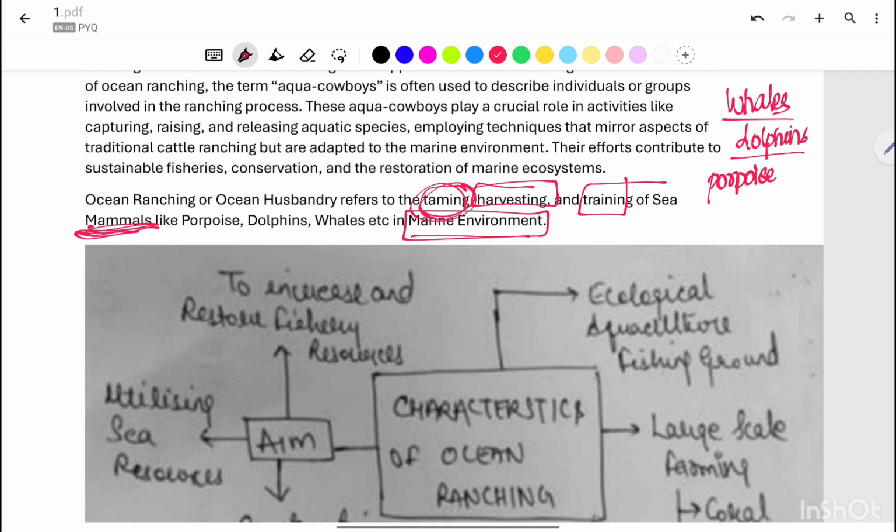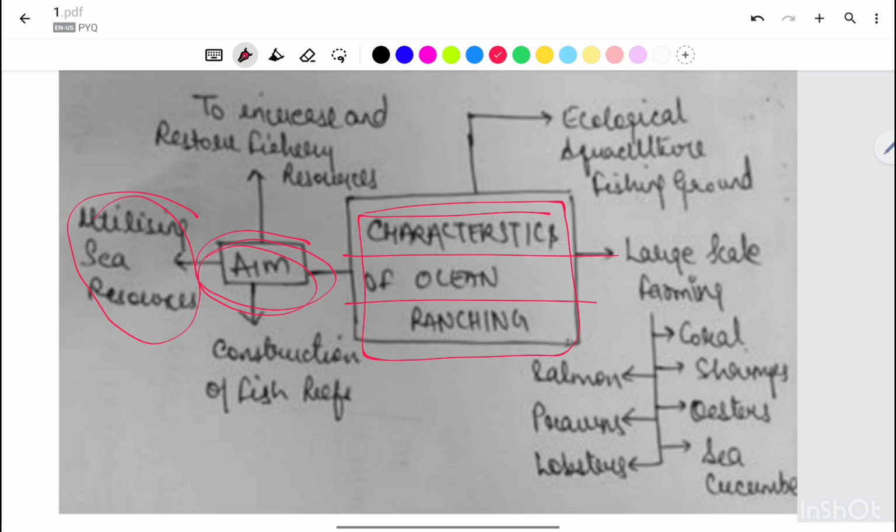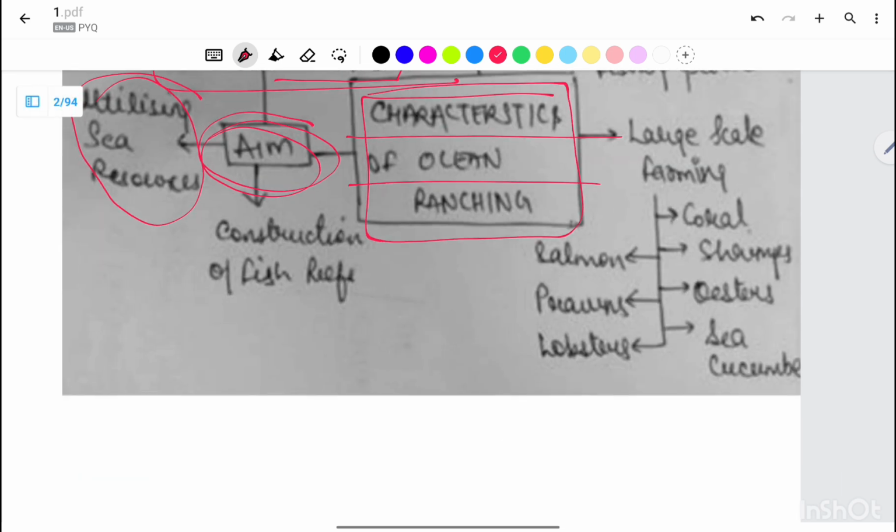Now, what are the characteristics of ocean ranching? The aim is to utilize the sea, but at the same time it should be done sustainably. We are increasing and restoring the fishery resources as well. We utilize the sea resources because we have a large space in the sea to harvest these marine organisms. Sustainability is also being achieved.